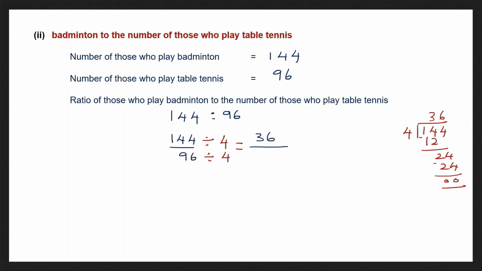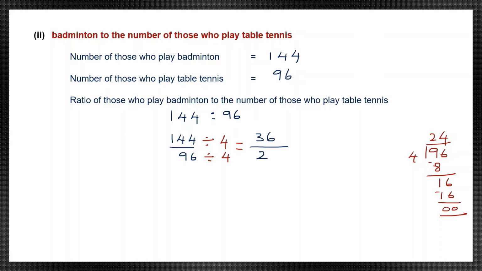Now let's divide 96 by 4. So 96 divided by 4. 4 twos are 8 minus, I've got 1, I bring down 6. 16. 4 fours are 16 minus 0. So I've got 24. 36 by 24, which I can again reduce to the lowest term using 4.